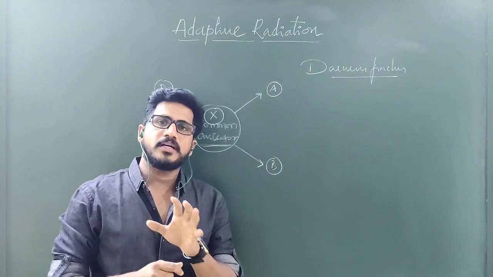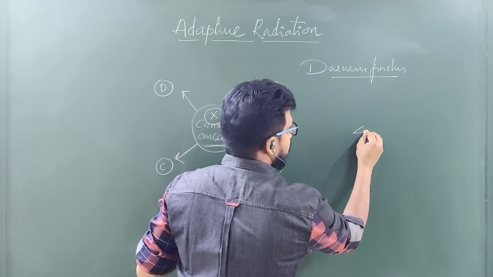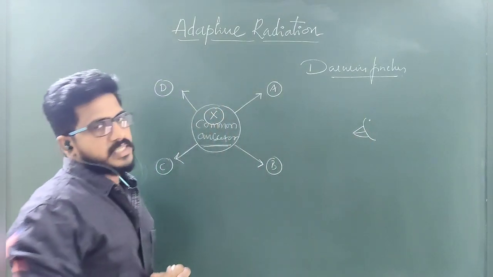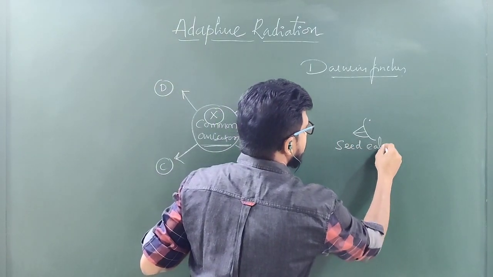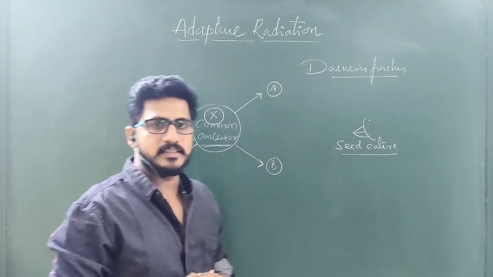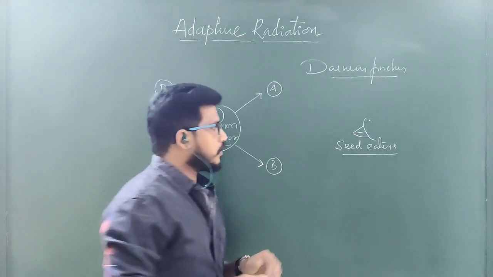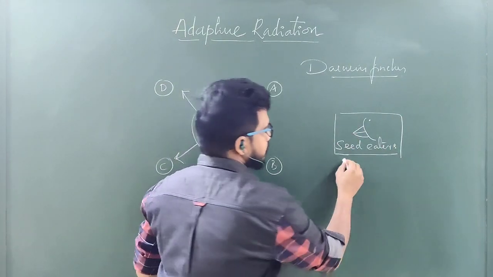When he observed the Darwin finches, there was a beak like this. The birds were commonly seed eaters. All these birds have a beak like that and use it to pick up seeds from the ground. So we have to think this is a common ancestor.